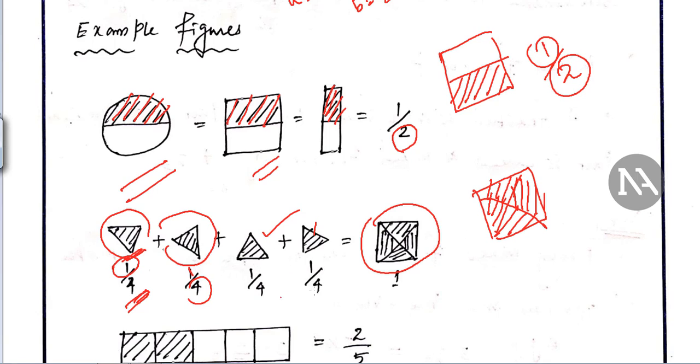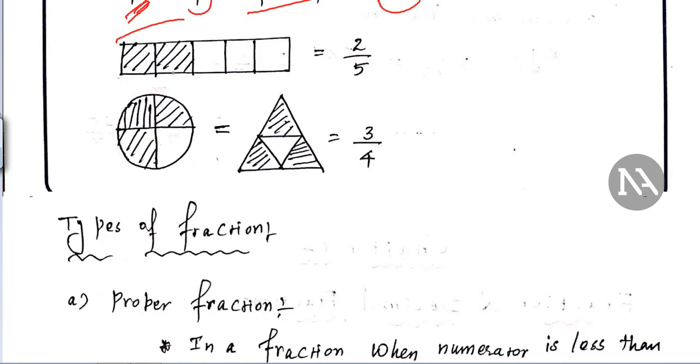If you add all the 4 parts, it will give you the total square. Similarly, here a rectangle has been divided into 5 parts, and out of the 5 parts, 2 parts have been filled. That means out of a total of 5 parts, 2 parts have been filled. So you can write 2 by 5.